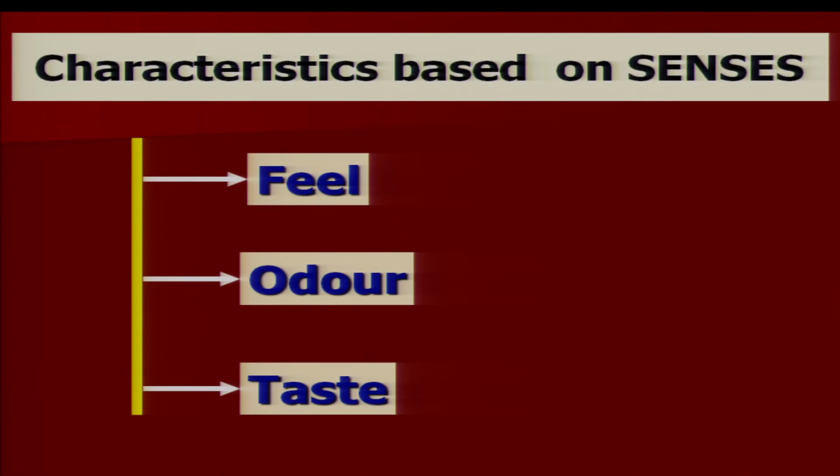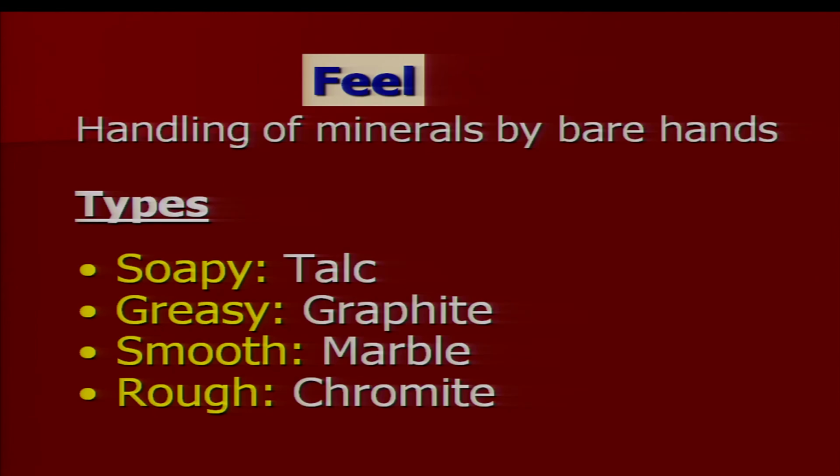The next important property is solely based on the senses. Senses include feel, odor and taste. These are the three important senses. A human can easily gather these properties from the mineral and can recognize minerals very easily.